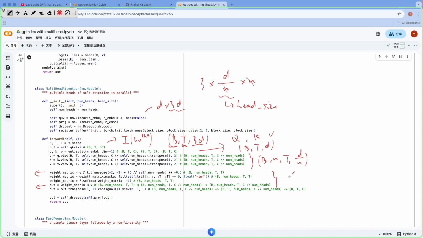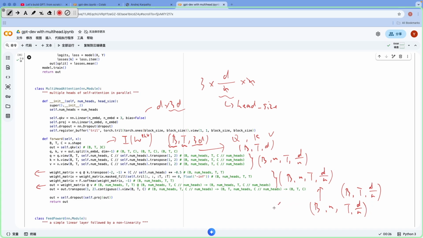So we end up with a result of B by N by T by head size. We can see this matrix as the output of each head, stacked on the second dimension.